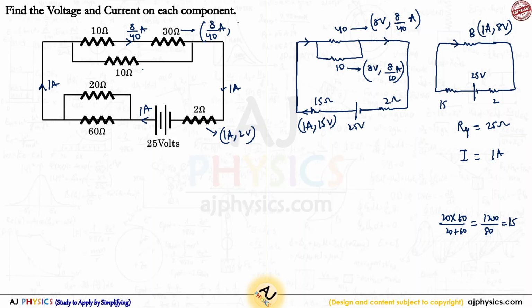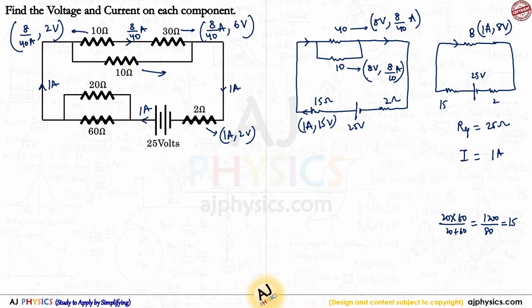So if you have to find the voltage, you multiply by 30, that is 8 times 3 is 24, and 240 divided by 40, that would be 6. Okay, and on this one, obviously the current is 8 by 40, and then you have the multiply of 10, that would be 2 volt here. Yeah, correct.